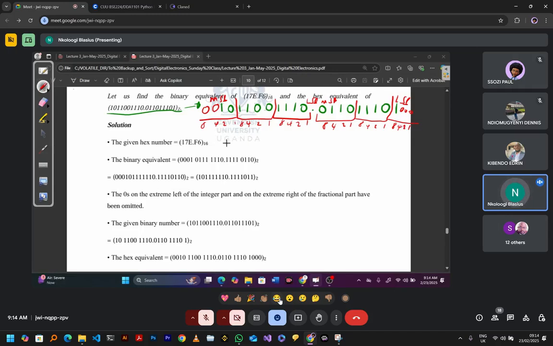What's the equivalent decimal? So that will be 3, 4 plus 3, that's 7 plus 8.